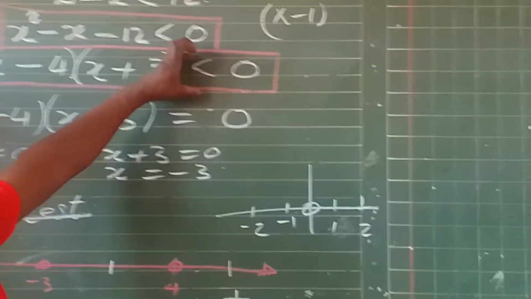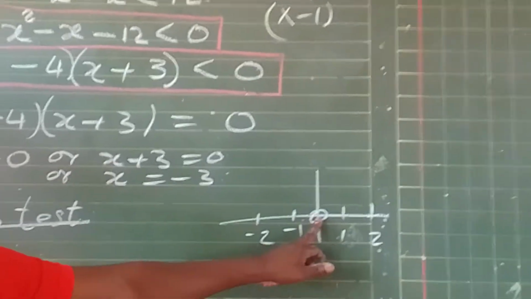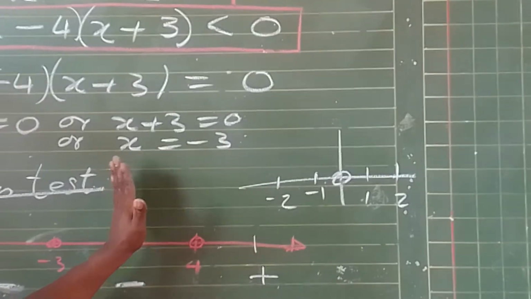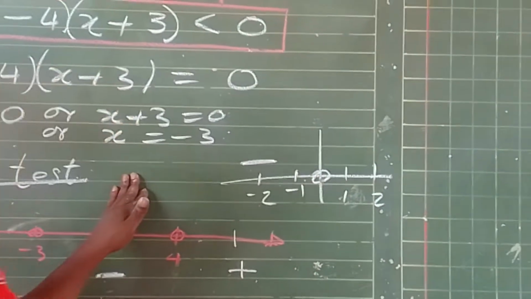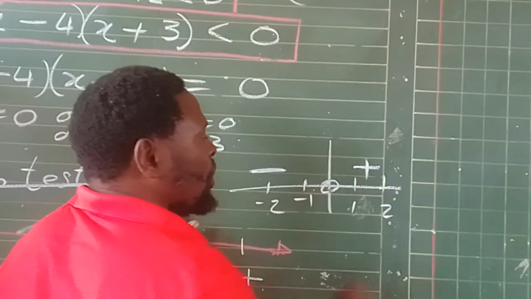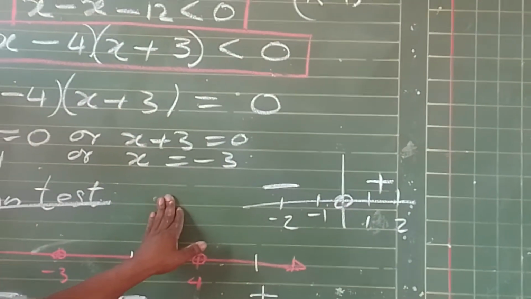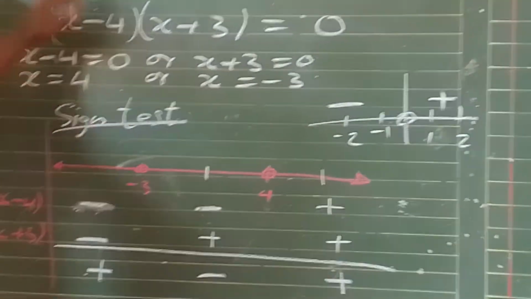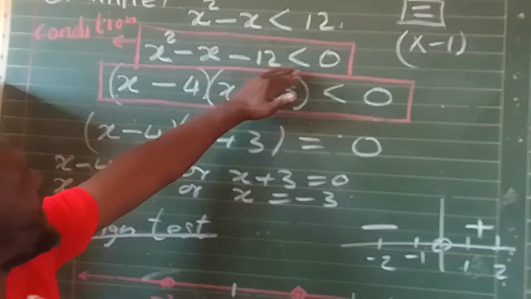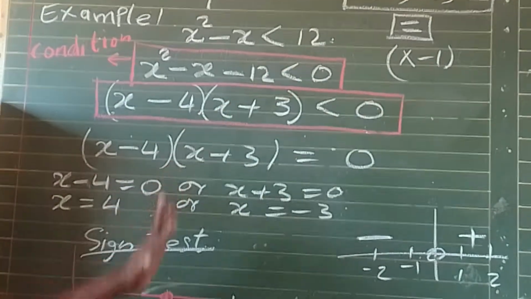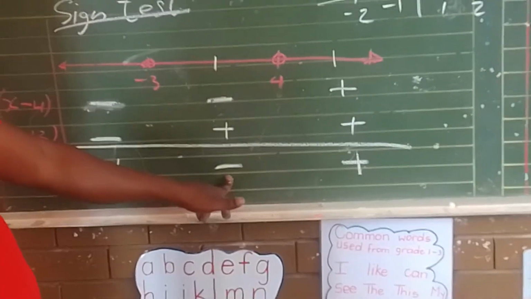When that number is less than 0, any number on your left hand side is less than 0. It means we are dealing with the negative. Any number greater than 0, we are dealing with positive on the number line system. Now we are going to apply that number line system here. It says that everything here must be less than 0. Where is it? On the negative side.